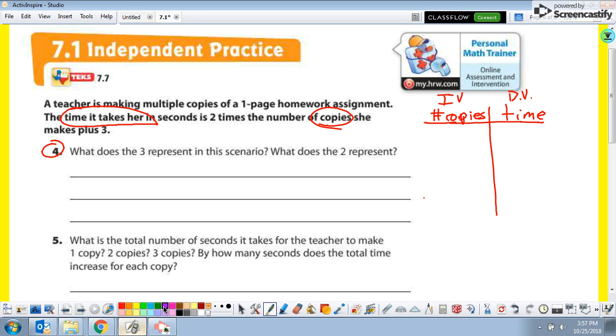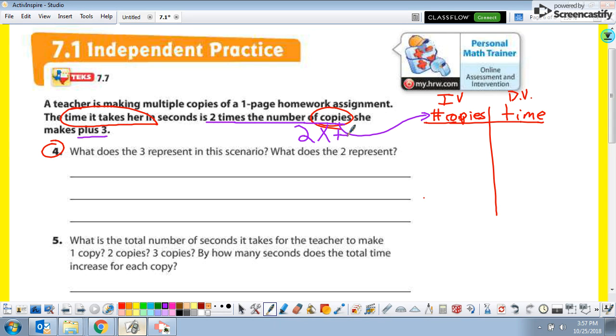Let's see, it's got quite a bit of information here. It says that it's 2 times the number of copies. Well, we know now that copies is going to be X, and it's 2 times the number of copies that she has, and then it tells us plus 3.